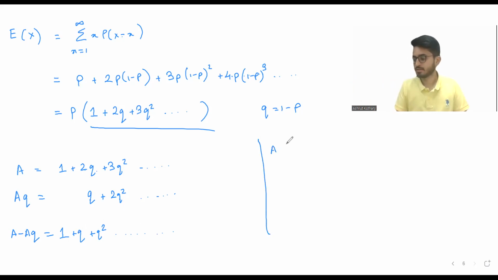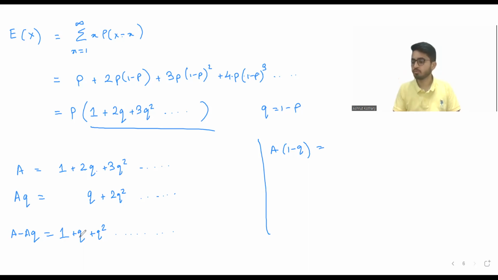So what I'm left with here is A into 1 minus q, and on the RHS, this is nothing but a geometric progression, an infinite GP, where the first term is 1 and the common ratio is q. We know that the sum of an infinite GP is a divided by 1 minus r, with the condition that the modulus of the common ratio must be less than 1.